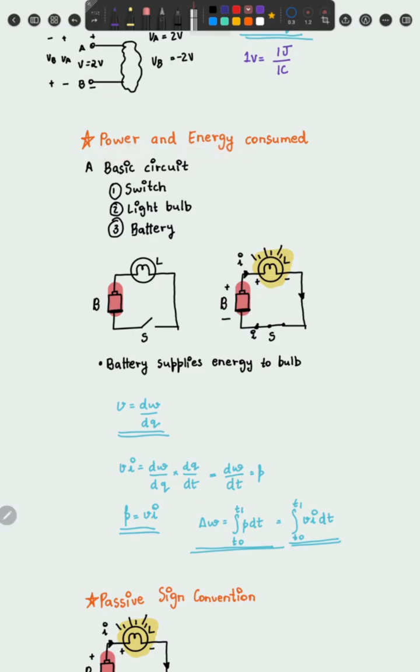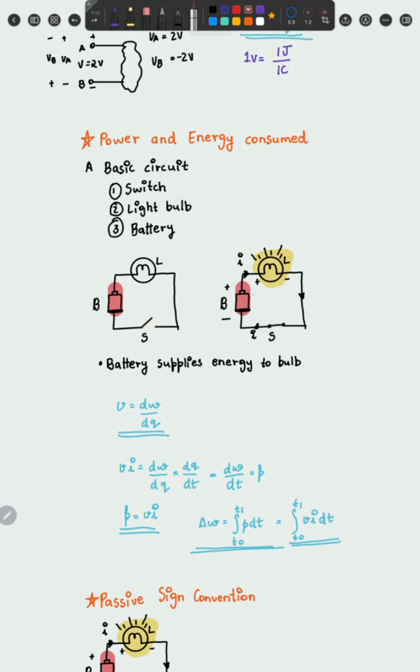So let's take a very basic circuit, which we all know. You have a flashlight. In a flashlight, you have a bulb, you have a battery, and you have a switch. Now, if the switch is open, the current won't flow because there is no path for this current to flow. The minute you press the switch or you close this connection, electrons start moving and the light glows.